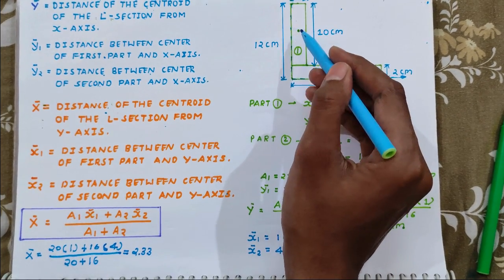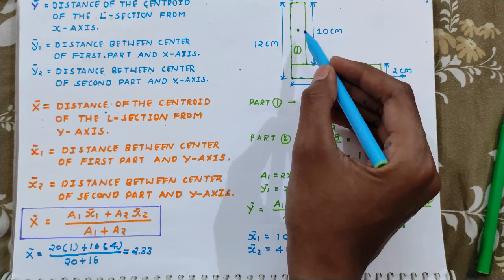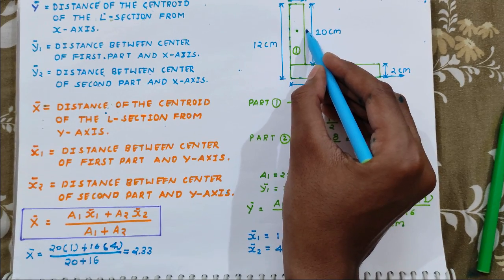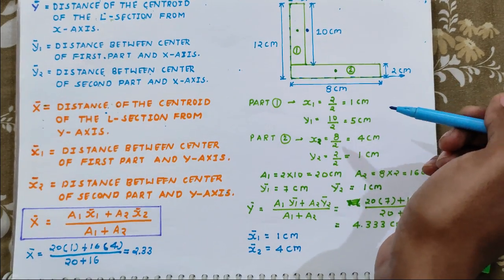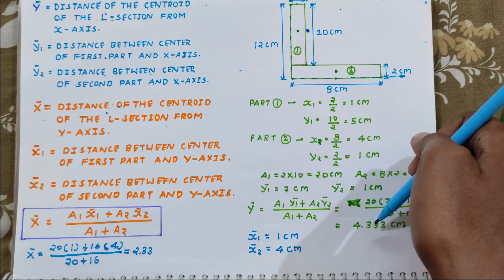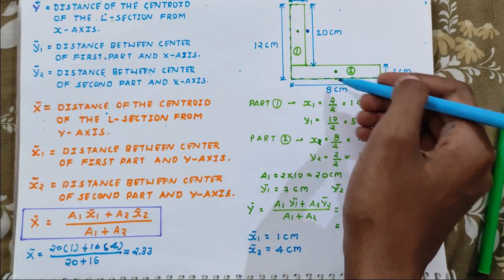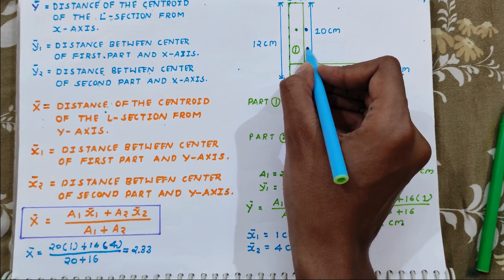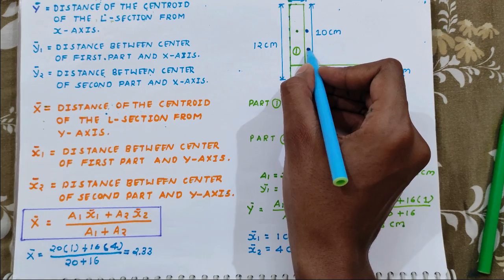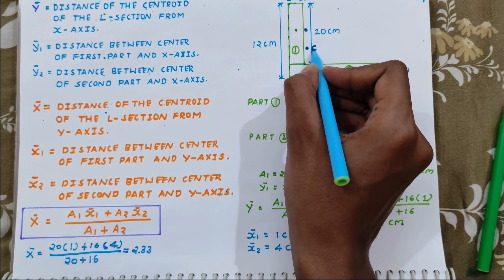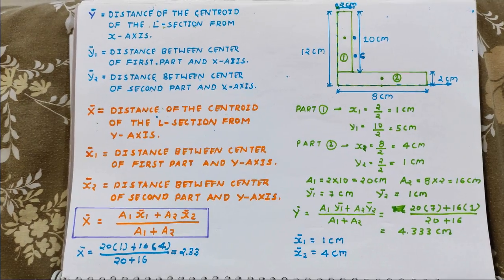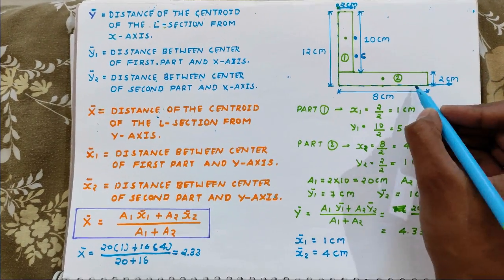So we have to locate the centroid of the L section, which is x bar equal to 2.33 centimeter from this y-axis. So this is 2 centimeter. So 2.33 centimeter must be here. And y bar, which is equal to 4.333 centimeter from the x-axis. So this is 2. So this point is the centroid of our L section. Or you can draw a line from this x-axis.